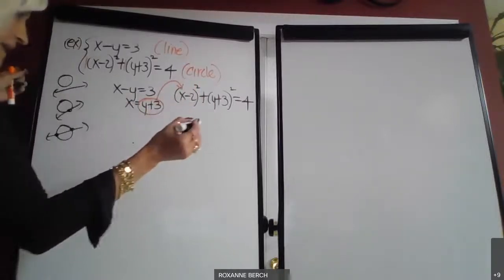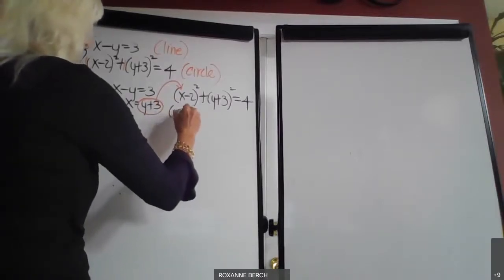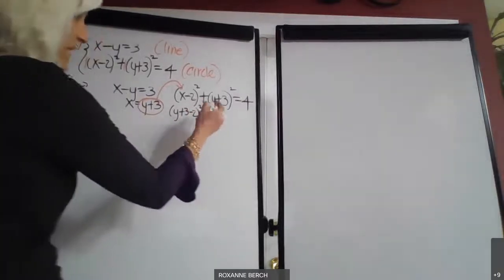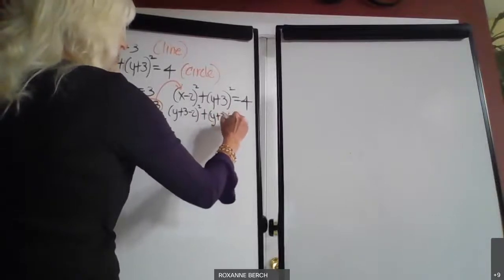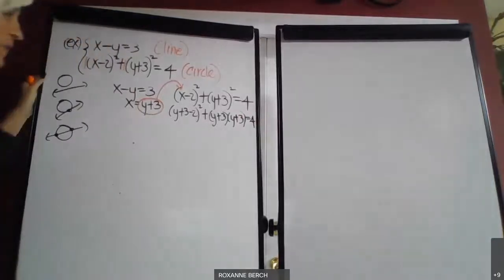So what you get here is y plus 3 minus 2 quantity squared plus, and this is going to be a FOIL, y plus 3 times y plus 3 equals 4.